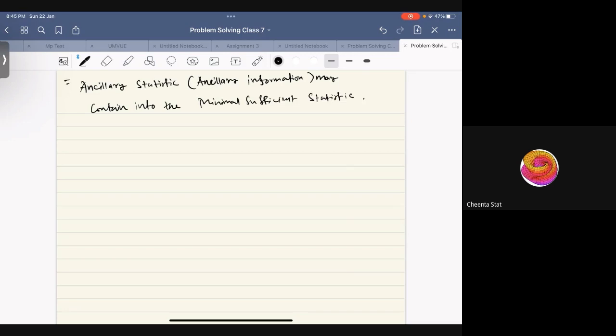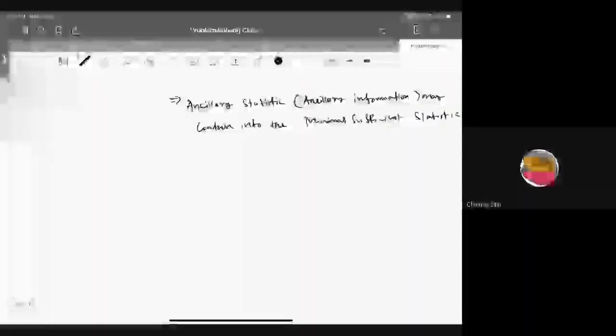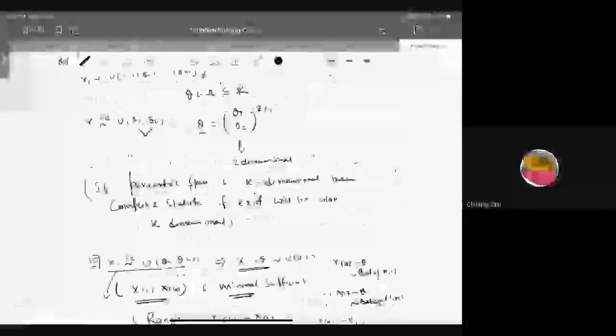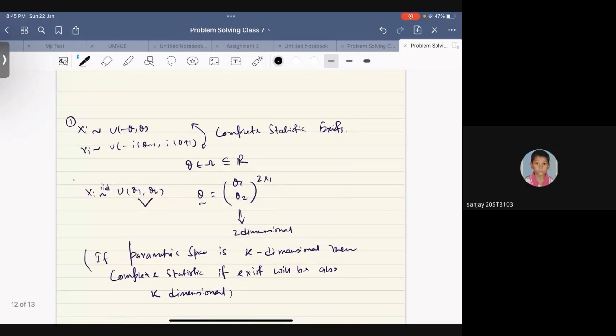Right, it's an implication. And now Basu's theorem, I said over this thing. So minimal sufficient and sufficient is same. Minimal sufficient is obviously a sufficient statistic.